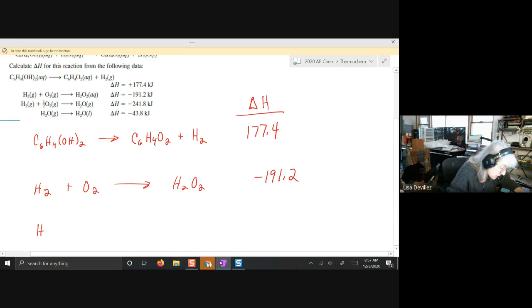Okay, let me make sure here. Yeah, the water. So the water in this one, we've got to pay attention to the state because I've got it in one equation as a gas and the other as a liquid.